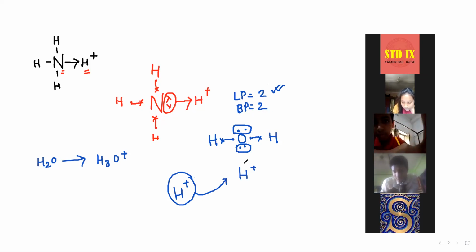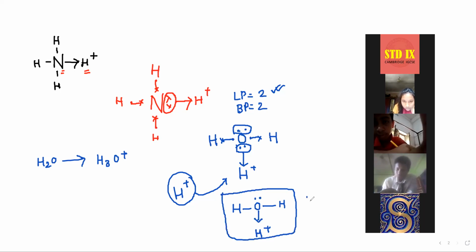So let this lone pair be directed and we get something like this: H, O, then H, with an arrow towards H plus, and still a lone pair is there. So this is the structure of the H3O plus ion. It is called the hydronium ion.